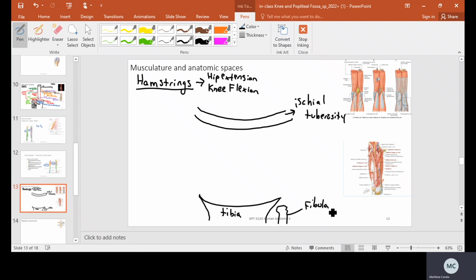So biceps femoris is this large muscle that comes off, according to Gray's, the inferior medial aspect of the ischial tuberosity, and it has two heads. It's got this long head, and also a short head that comes off the lateral lip of the linea aspera. It's going to attach onto the head of the fibula. And that's going to be really important to remember.